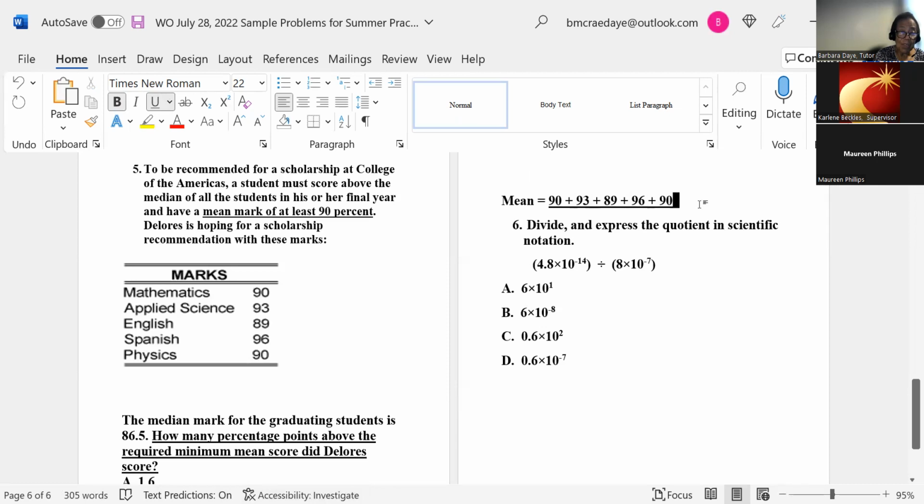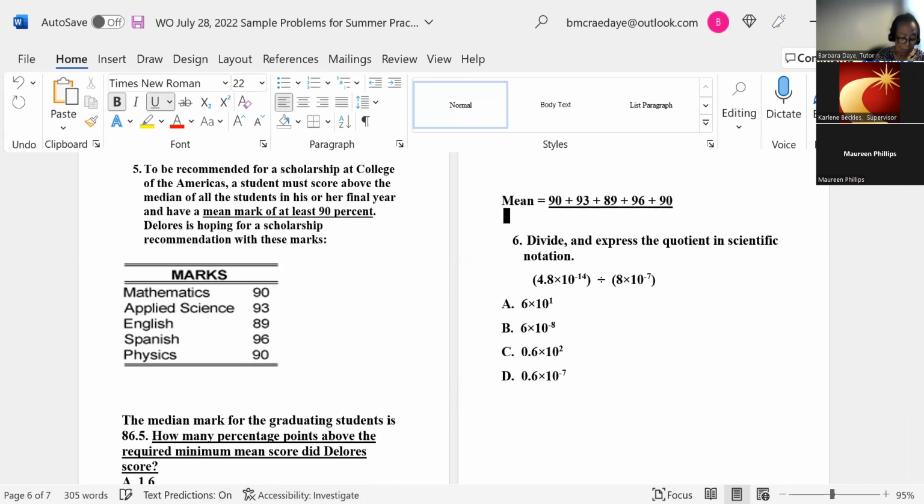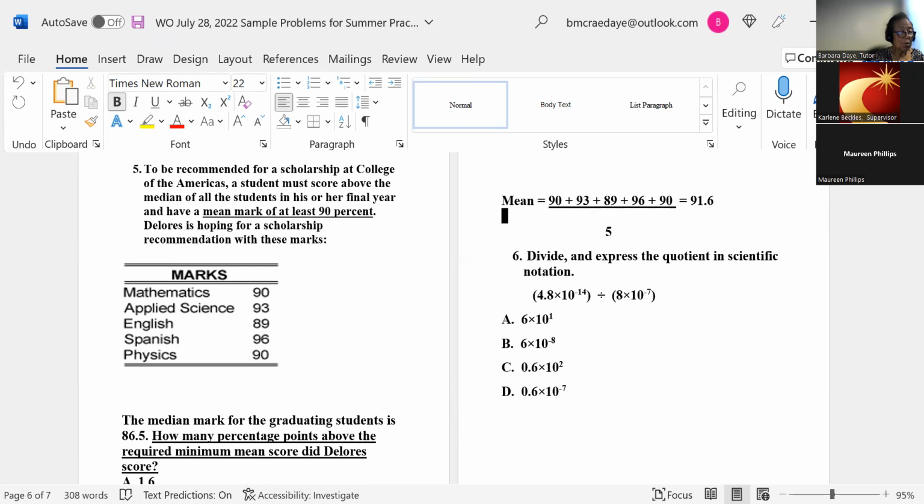Okay, so Maureen, what's the answer then? Divide this by 5. What did you get, Maureen, for this? 91.6. Now, what was the requirement? The requirement mean?